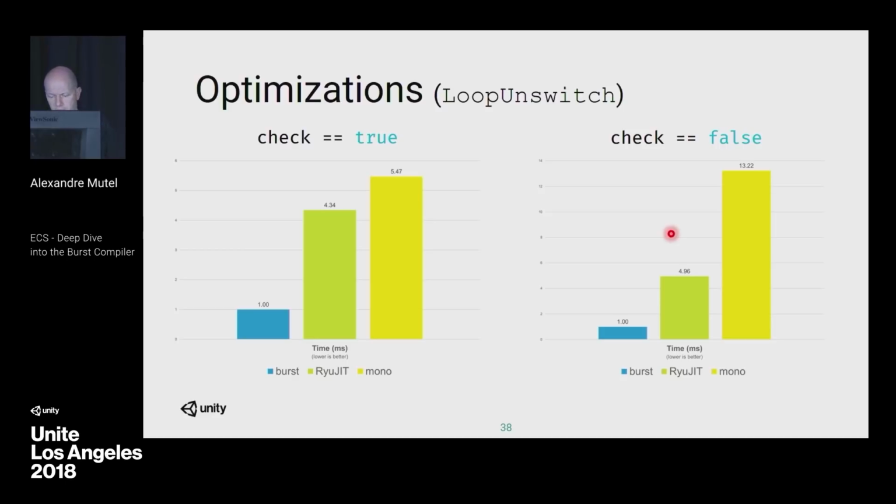So on the left, you have RyuJIT code that is well optimized, no variable spilling at all. The code looks good, but the check inside the loop is still hurting the performance of the code. So it's a micro benchmark. Of course, it's not telling you that you are always going to have a 5 times speed up with Burst. But in some cases, you can have this kind of speed up.